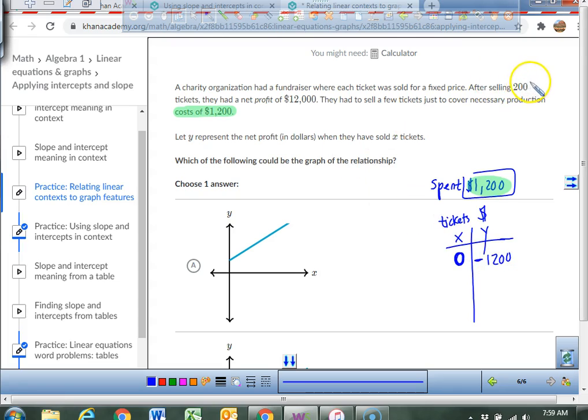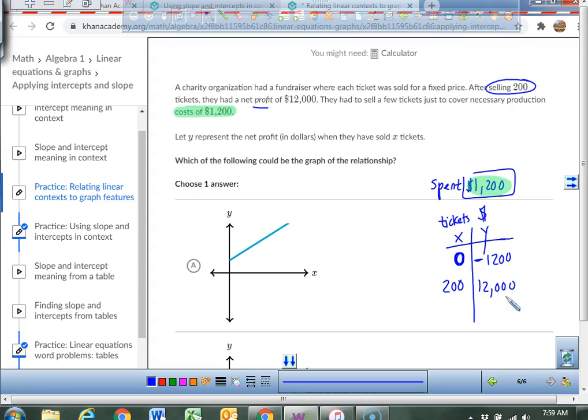But after selling 200 of the tickets, now they had a net profit of what? It's not 1,200. 12,000. All right? So after 200, they have what?